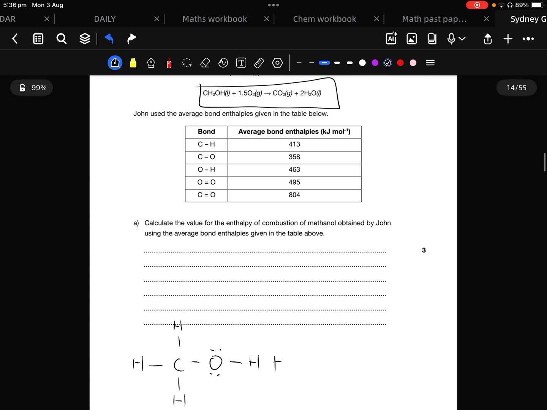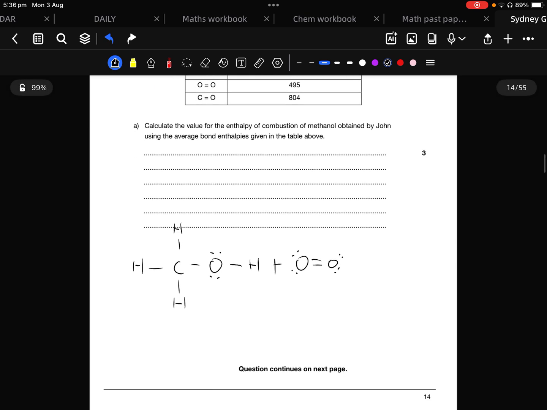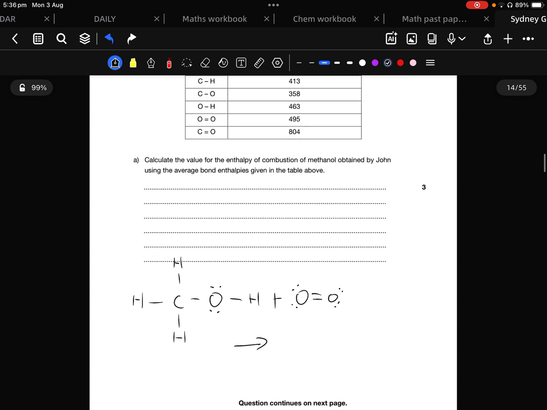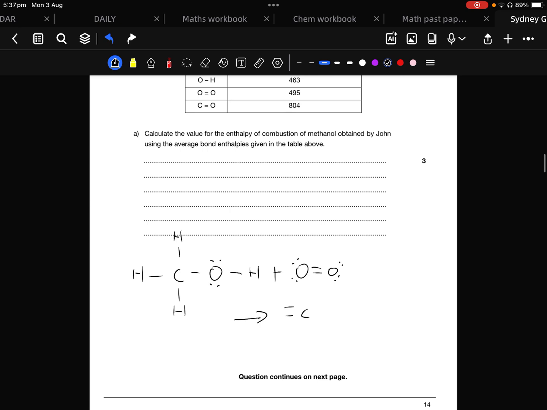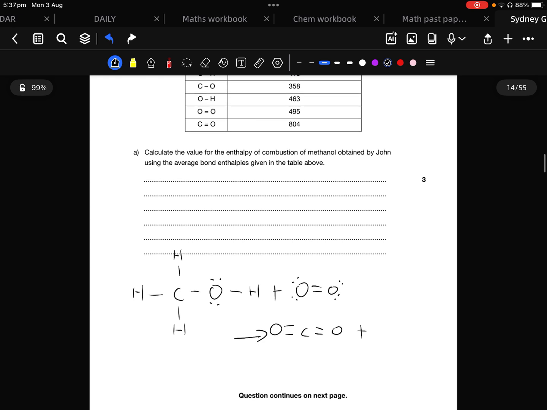Plus oxygen, oxygen gas, and these reactants give us CO2 plus 2H2O.